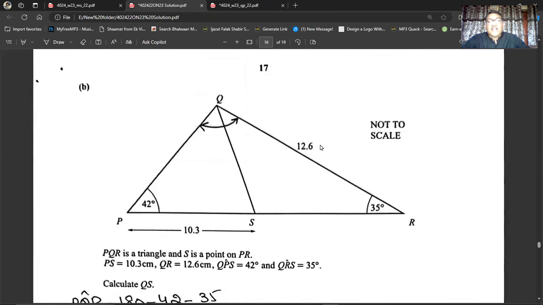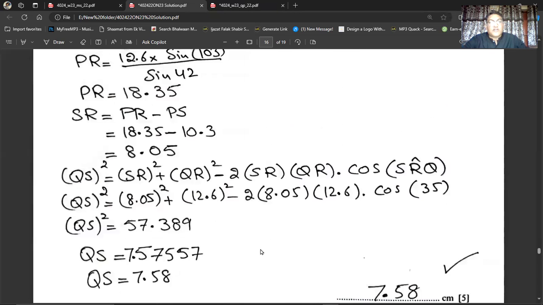Once you know this value, you know this side, you know this angle. By using the law of cosine, you will be able to find out the QS. So now I will apply the law of cosine, or you can say cosine rule. The QS square will be equal to the SR square plus the QR square minus 2 multiplied by SR multiplied by QR multiplied by cos of the angle SRQ. Just substitute their values there.